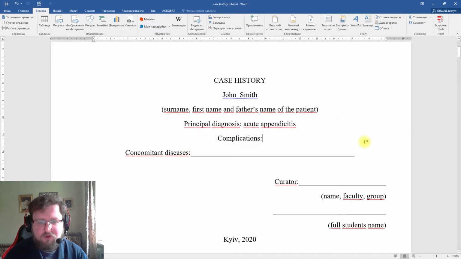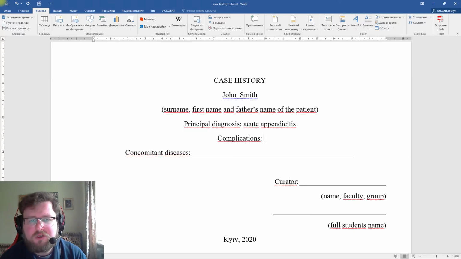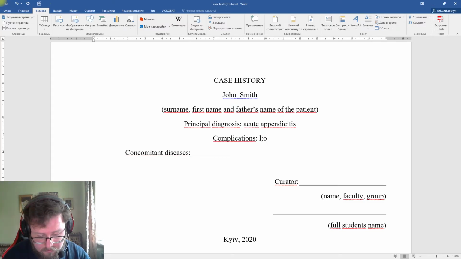Virtually regarding all the surgical practice, maybe all cases of acute appendicitis are complicated with local serous peritonitis. So that's what we write in the complication section: local serous peritonitis.